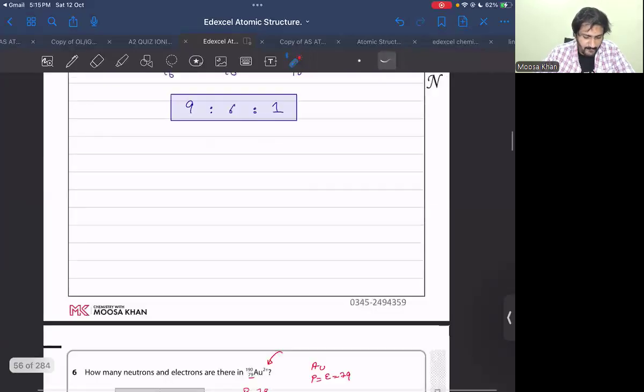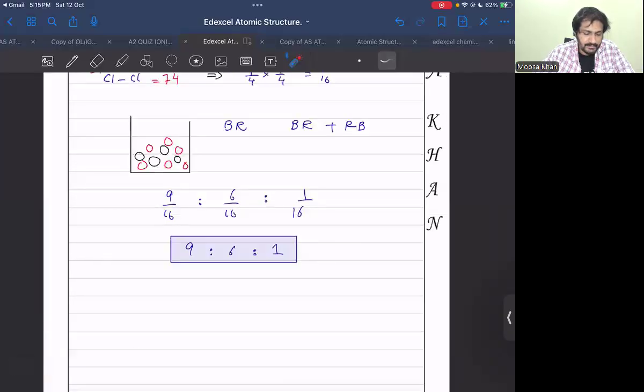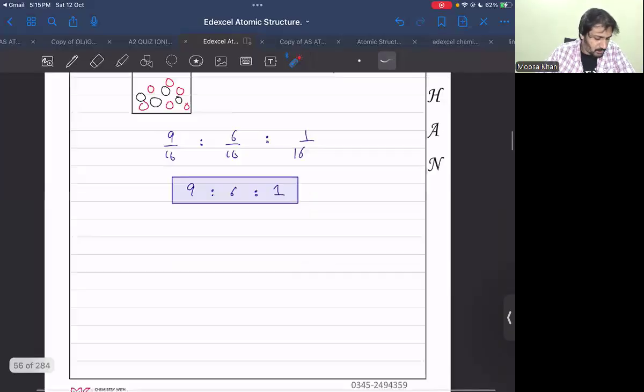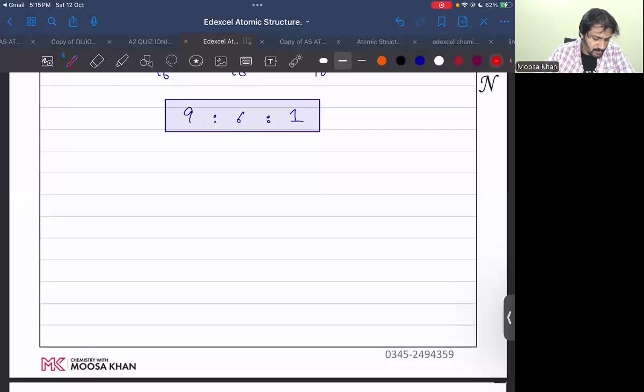Okay, you know what? The bromine element also has two isotopes, one with the mass number 79 and one with the mass number 81, and their relative abundance is 50-50%.